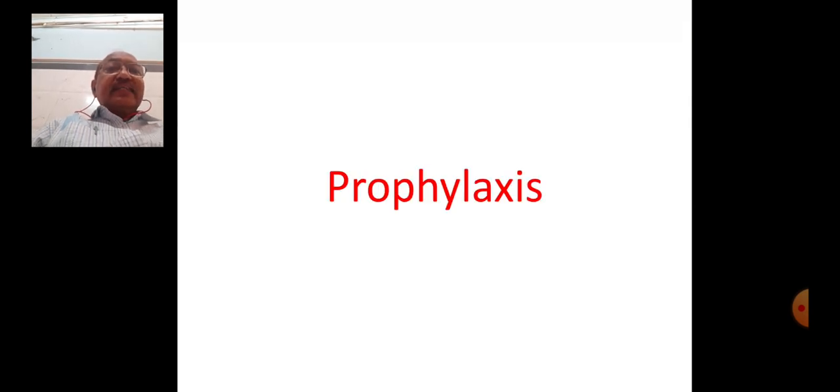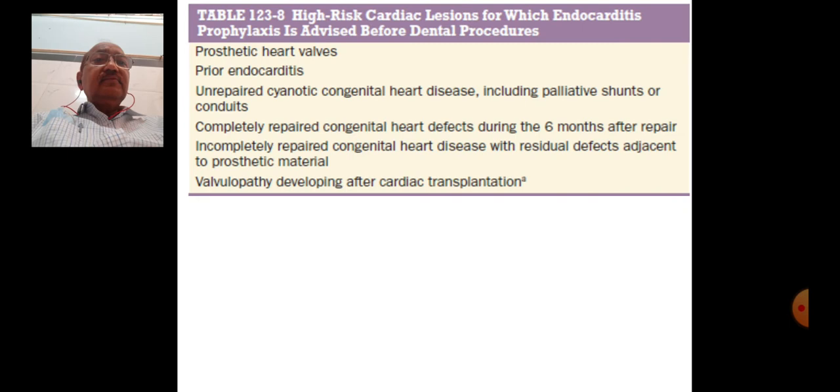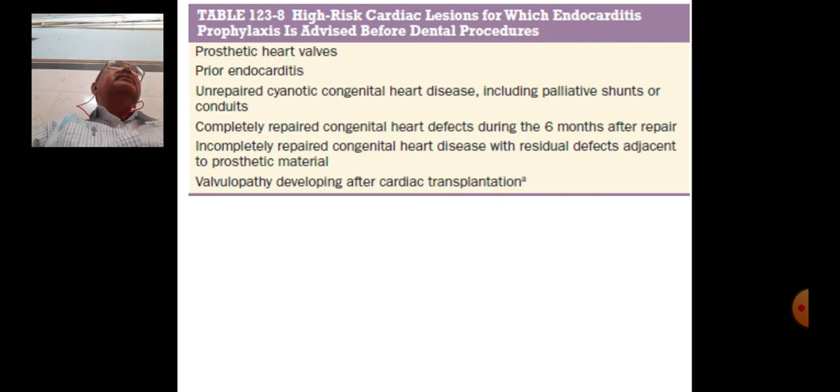Regarding the prophylaxis of endocarditis, there are a lot of changes in the recent guidelines, and these are the only listed conditions which need prophylaxis, and not as before we used to think.